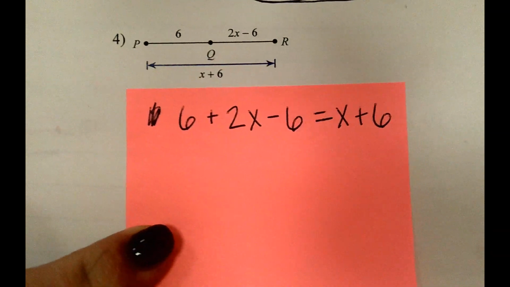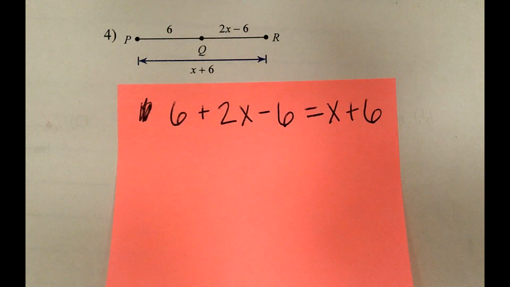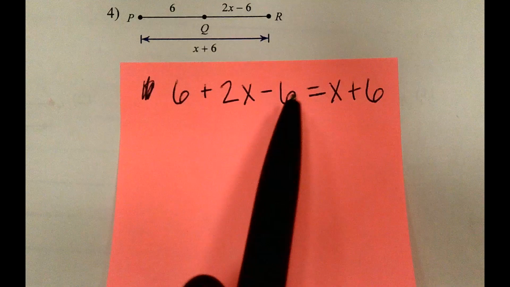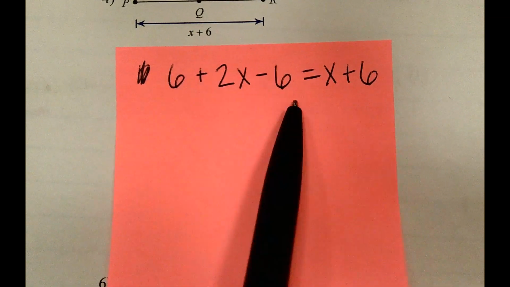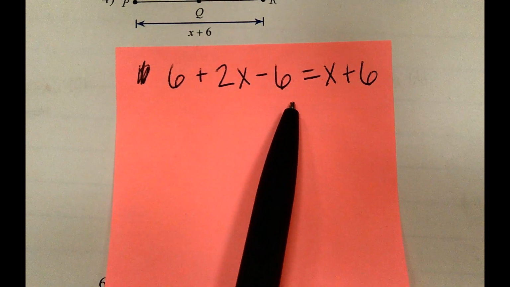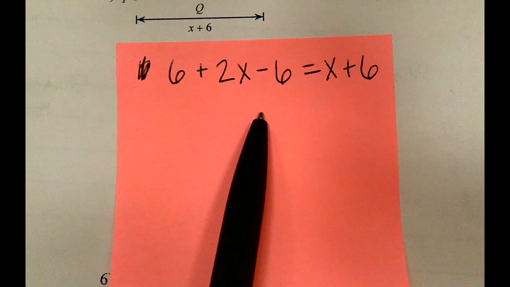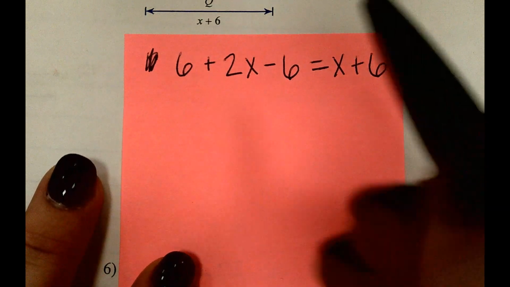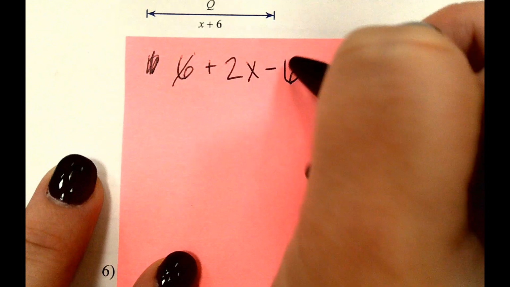Okay, so the first step we're always going to try to take is combine your like terms. Are there any like terms I can combine here? 6 minus 6. What happens when I put those together? 0. They cancel. 6 minus 6 is nothing. So we could, from the very get-go, cross those out.